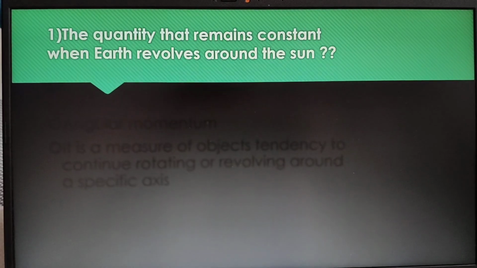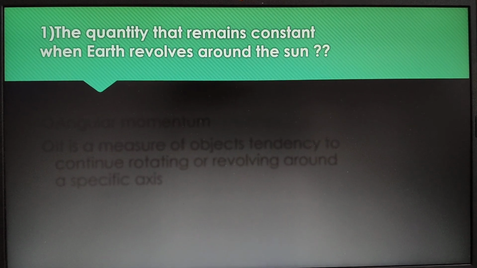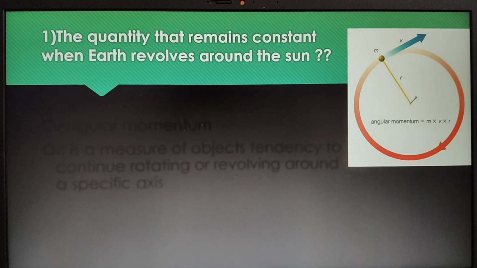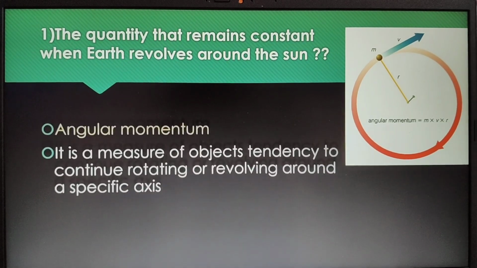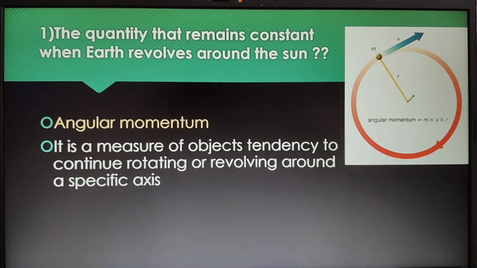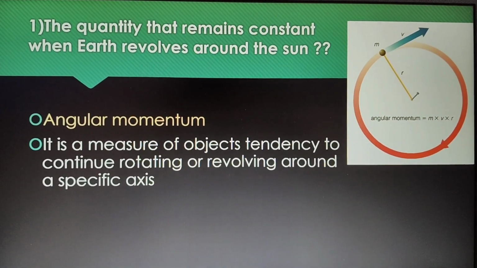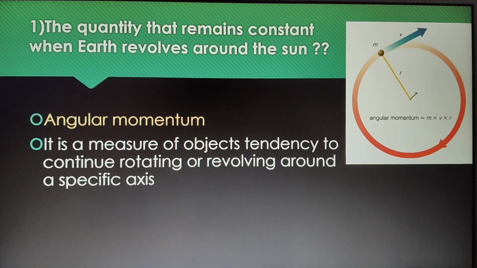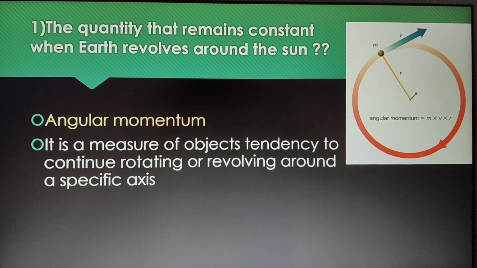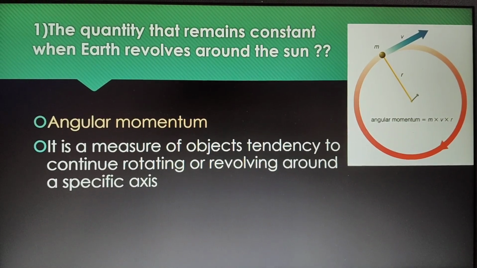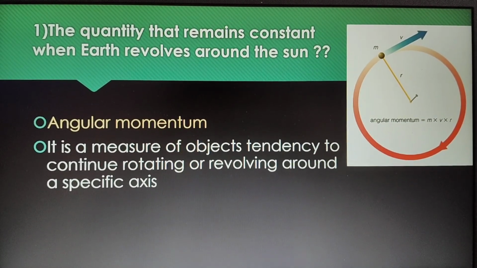Let us move on toward class. Today's class. The quantity that remains constant when Earth revolves around the Sun is angular momentum. First, you can see in the diagram, the middle one, suppose we take the middle one as the Sun and the surrounding one as Earth.